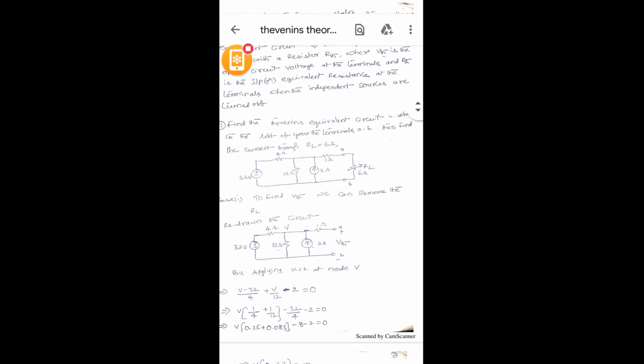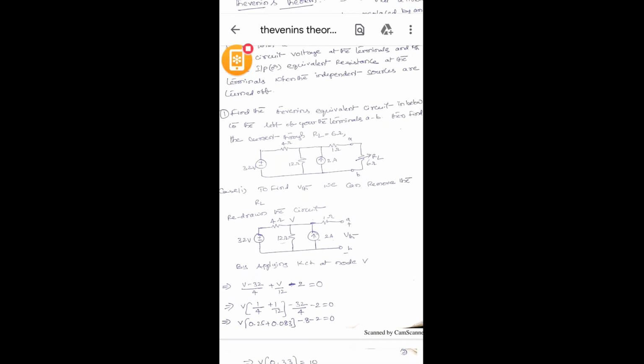So that is case 1, to find VTH. We remove the load resistance and in its place write VTH. The rest of the circuit remains the same, but the load resistance is removed and replaced by the VTH value.